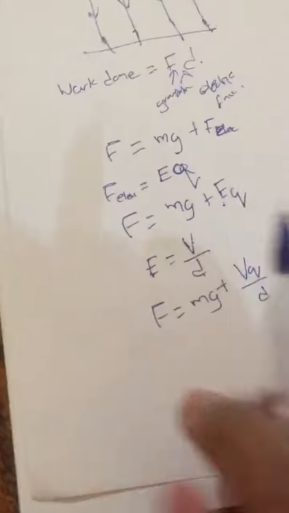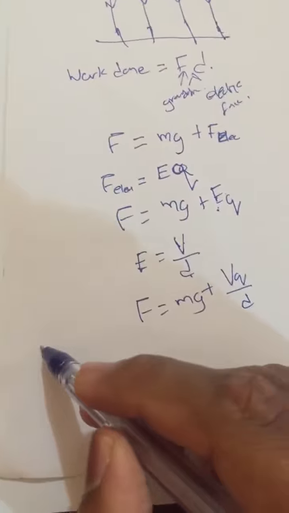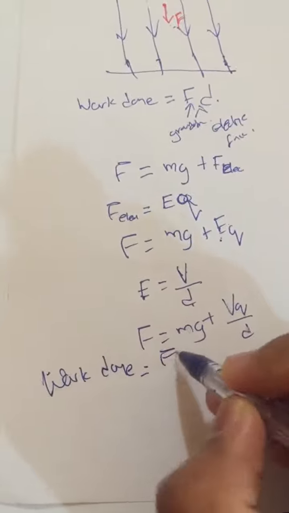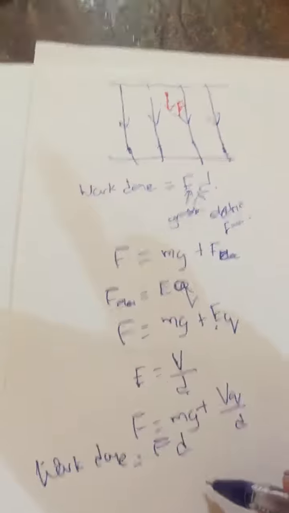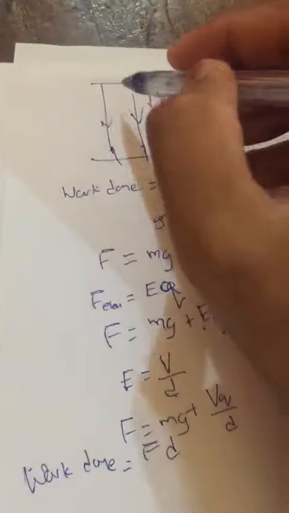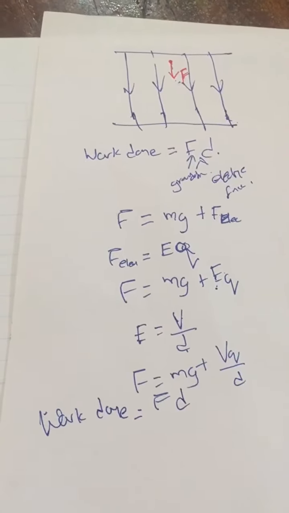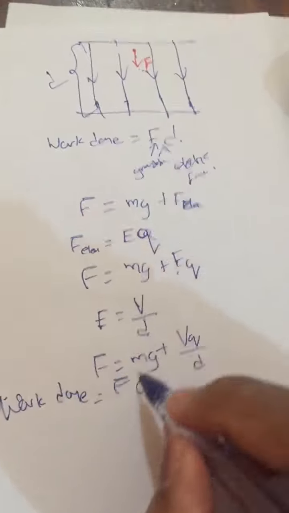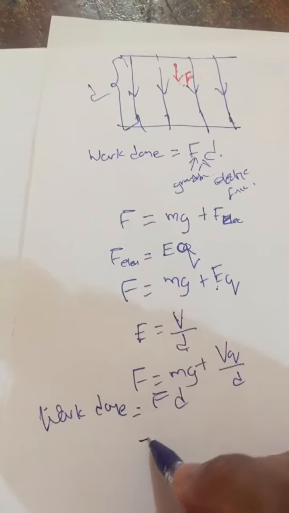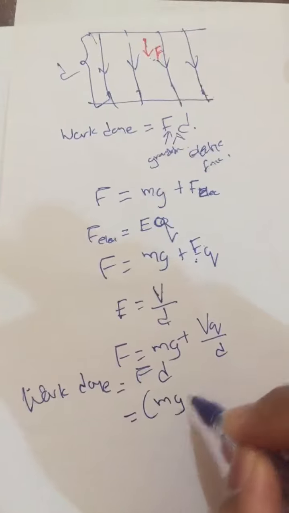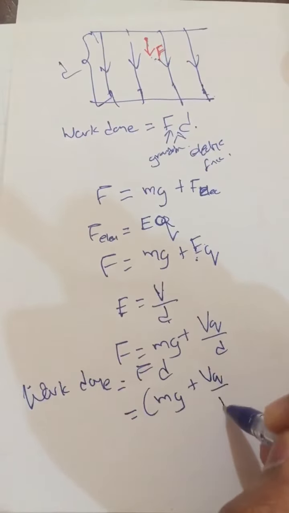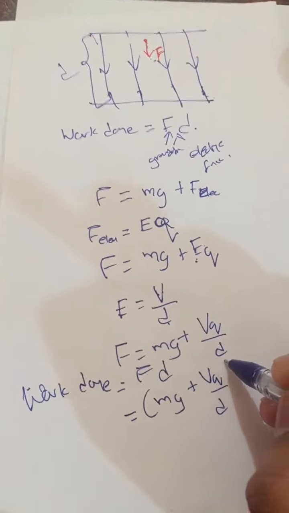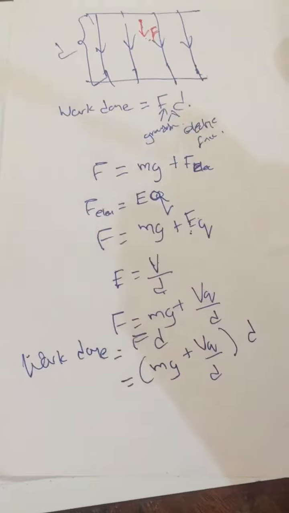So the total work done is equal to the resultant force F times the distance moved. Let's say that the total distance moved by the charge is d when it passes from top plate to bottom plate, would be equal to mg plus Vq over d times d, right?